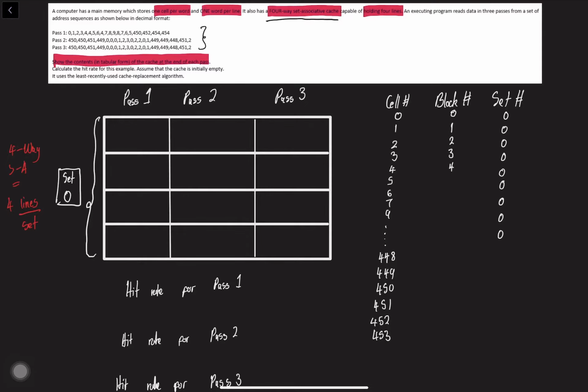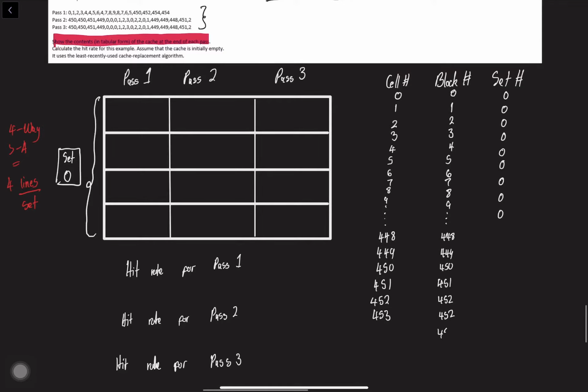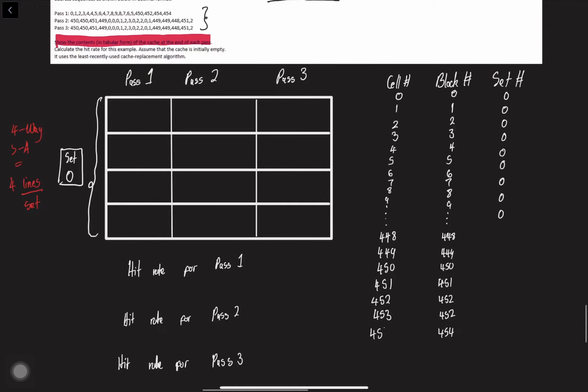But the question is one block per line, so that's what we have there. So we have 5, 6, 7, 8, 9. Oops, I made a mistake there. So we have 7, 8, 9, and so on. 448, we jumped that. 449, 450, 451, 452, 453. I think we have a 454.